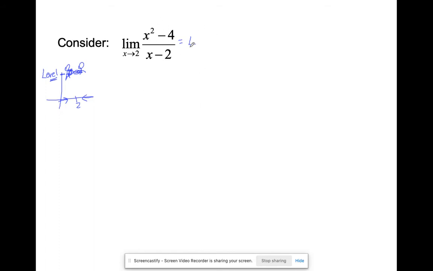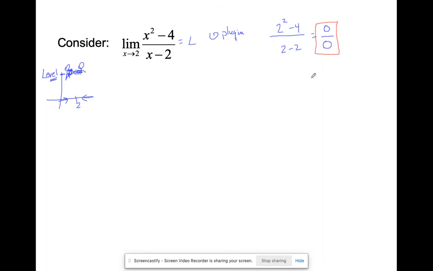So when you try to do this, the first thing you did was plug in. And when you plugged in, you didn't just get 0 in the denominator. You got 0 divided by 0. 0 divided by 0 is indeterminate. Why is it indeterminate?